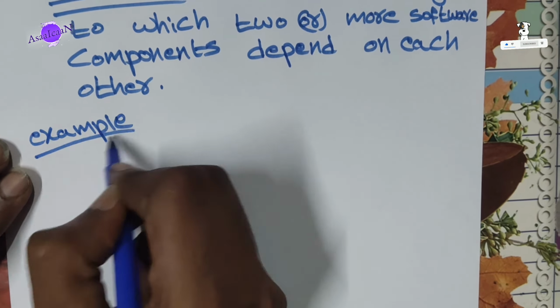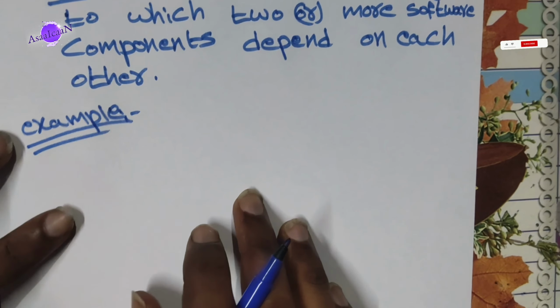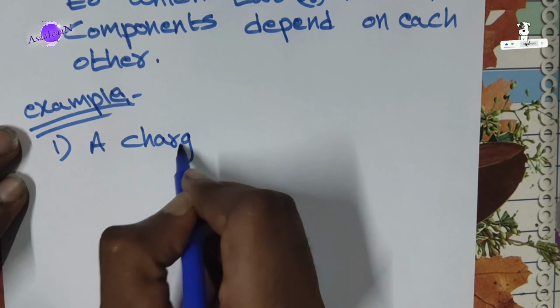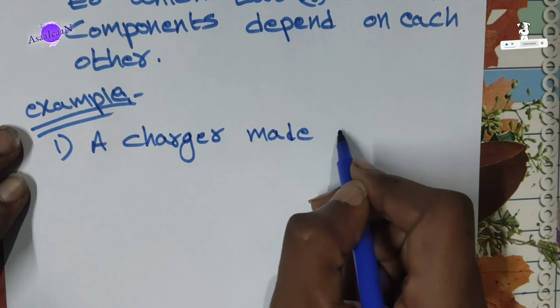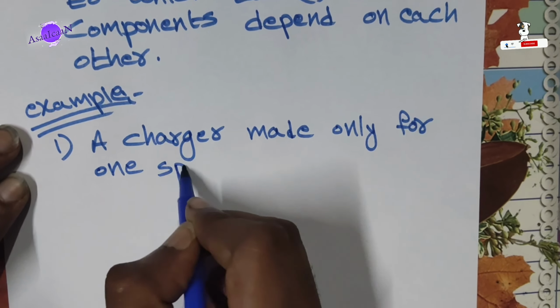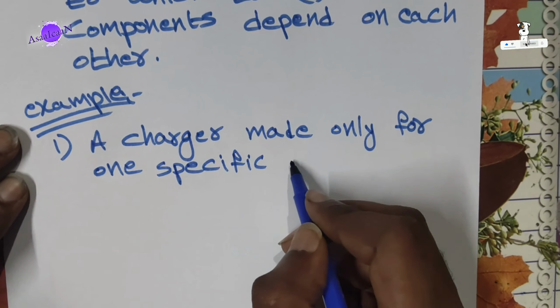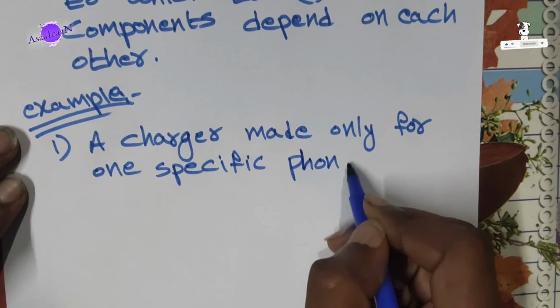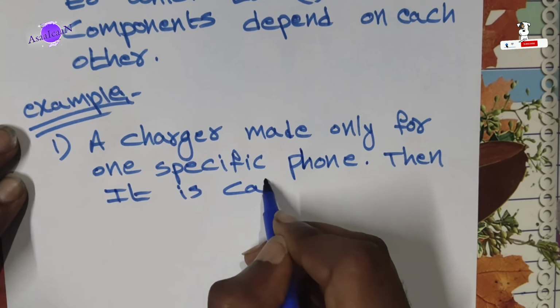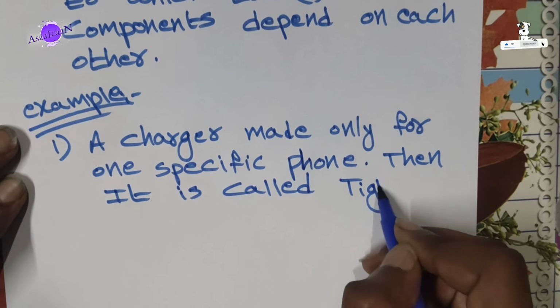Example, a simple real life example. First of all, a charger made only for one specific phone, then it is called tight coupling.